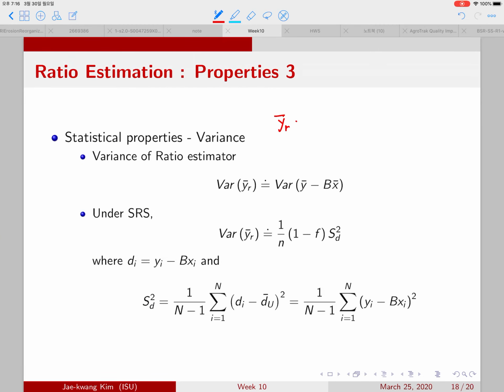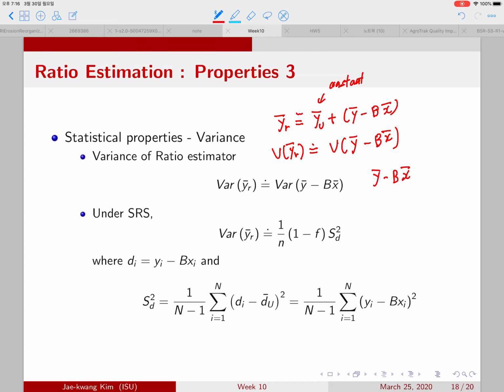So r is approximately equal to y bar plus b x bar. So the variance of this is, this is constant, so it doesn't really matter for the variance. So we only have to worry about this part. Okay. So now, what is this? Y bar minus b x bar is 1 over n summation.